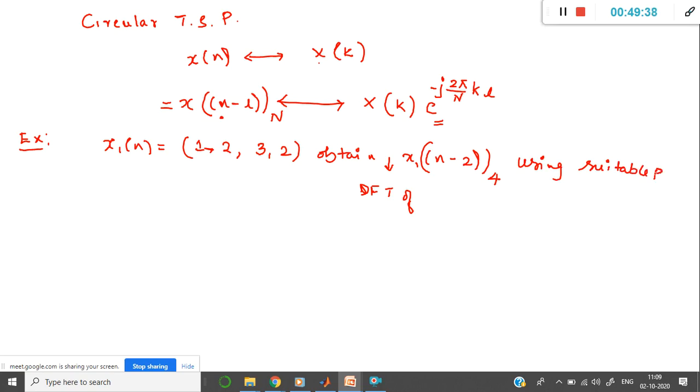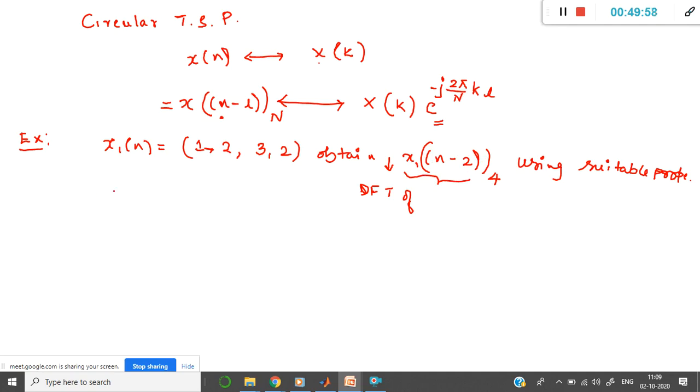This is how a question will be given, using a suitable property. So what is that property? I am doing a circular time shift in the time domain. You need to obtain the DFT of this x1 of n minus 2 by using the property itself.